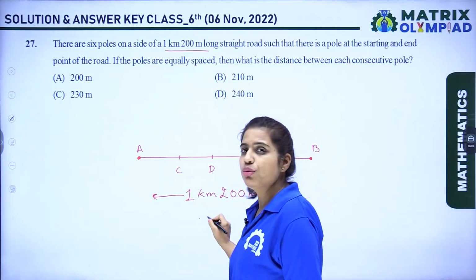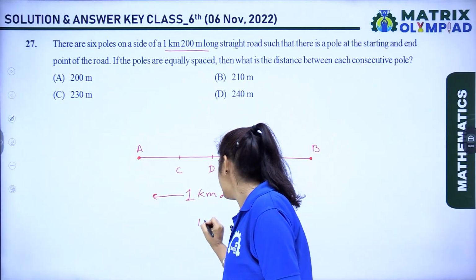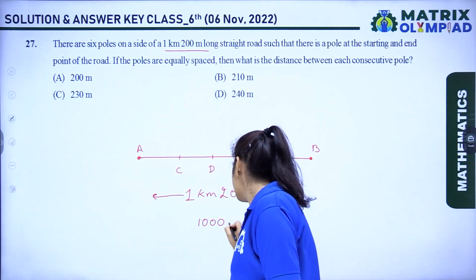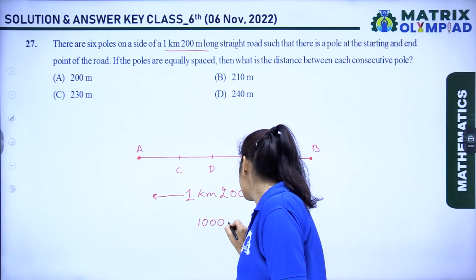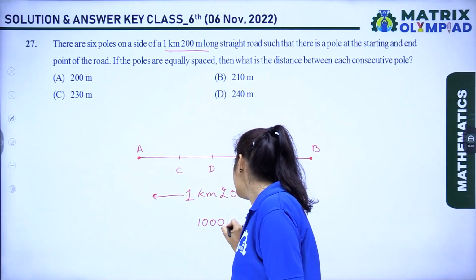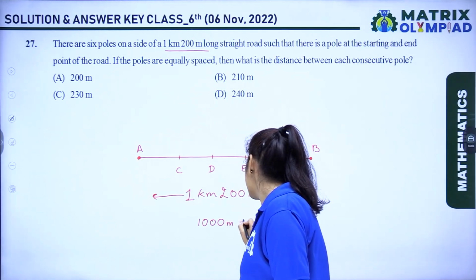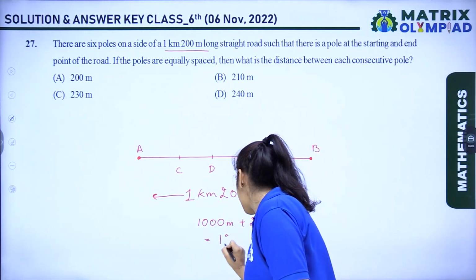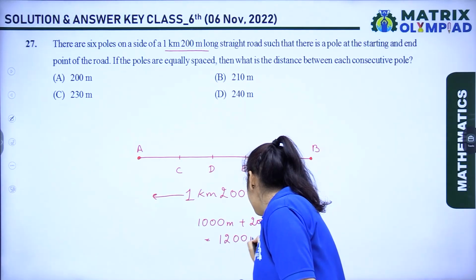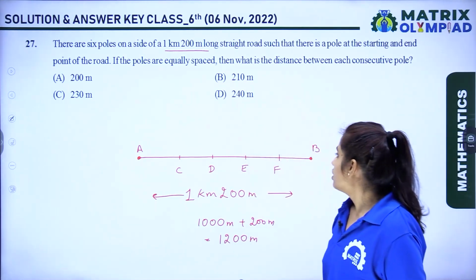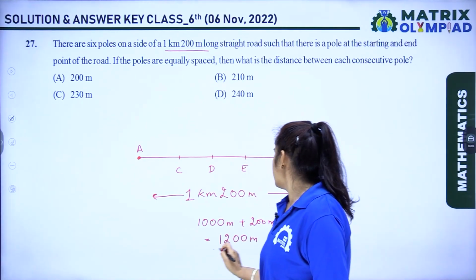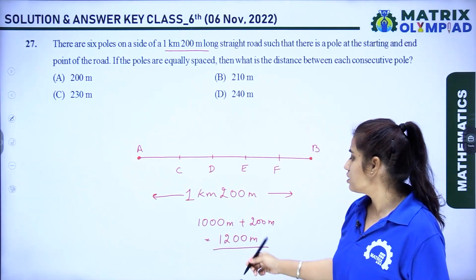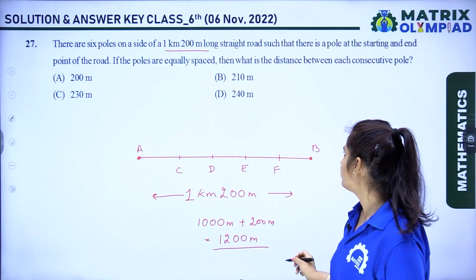1 kilometer is converted into 1000 meter, plus 200 meter, so we get 1200 meter. So the distance of the road is 1200 meter.